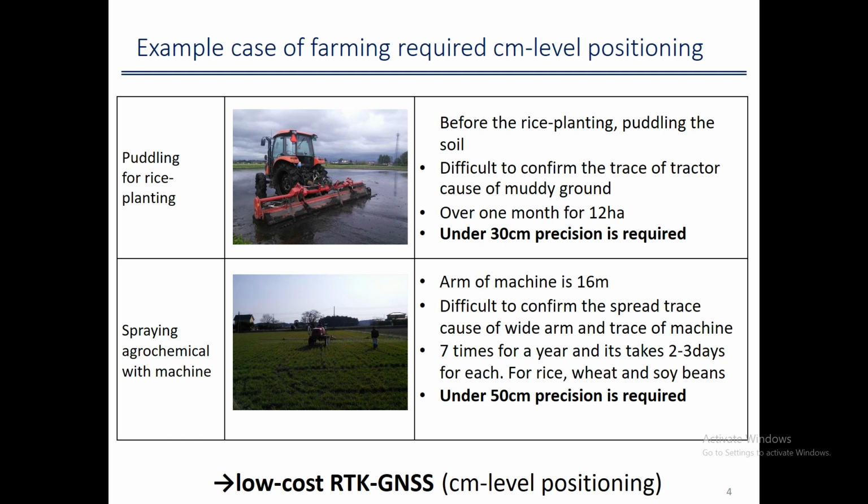Machine: the arm of the machine is 16 meters, so it is difficult to confirm the spread trace because of the wide arm and trace of the machine, 7 times a year, and it takes 2 to 3 days each. For rice, wheat, and soybeans, under 50 centimeters precision is required. Those are the conclusions that they came up with.